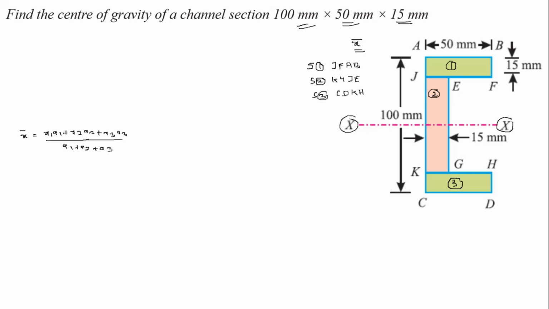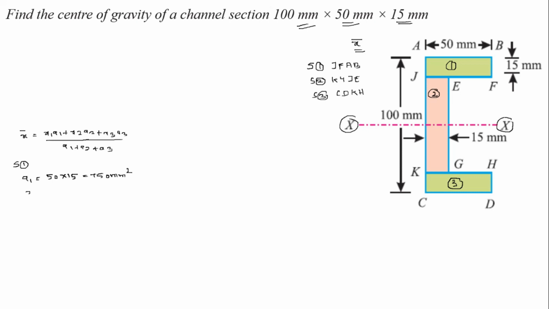First we have to calculate section 1. What is the formula for A1? L into B. So 50 into 15 is equal to 750 mm squared.